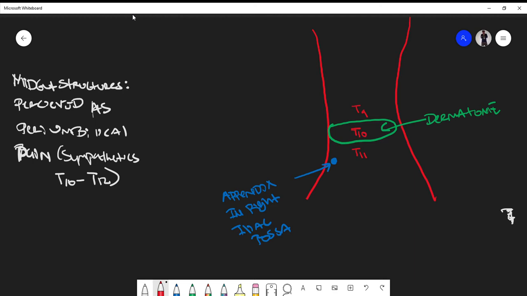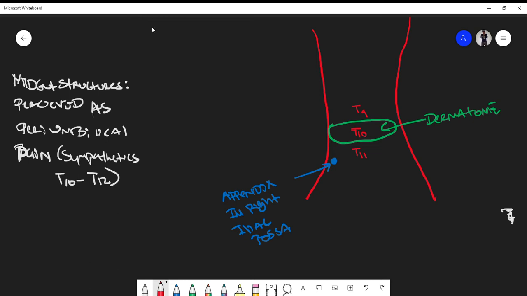So visceral afferents pain from the appendix follow sympathetic supply, T10 to T12 in this case. The dermatome for the appendix in this case would be T10. So they follow sympathetic supply back to the spinal cord, T10, and so early appendicitis is felt as a poorly localized periumbilical pain.